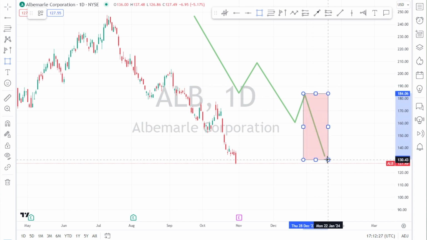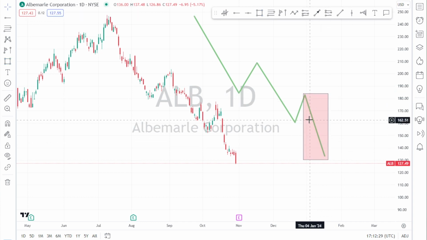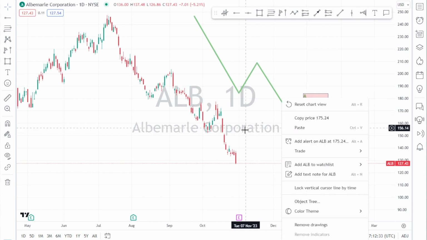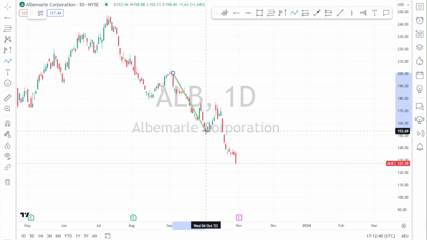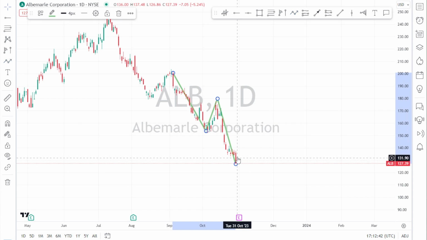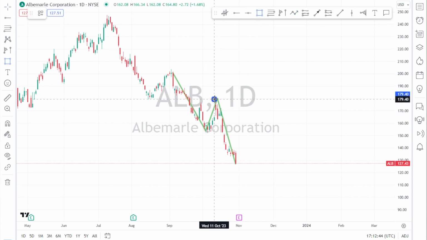That's the context I want to find my short trade in. Okay, so I'm gonna remove that. And let's just draw this last piece. 1, 2, 3. And I really want to zoom in on that box, this area right here.